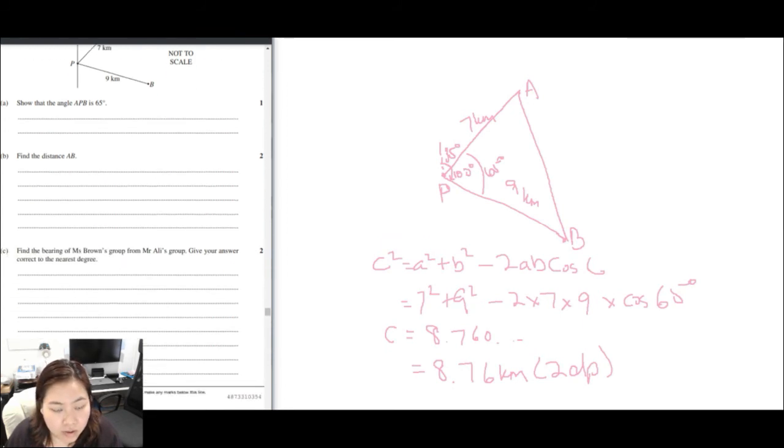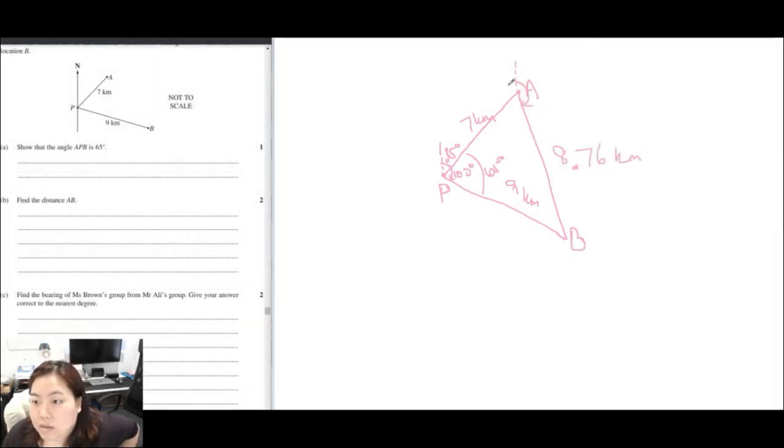Find the bearing of Miss Brown's group from Mr. Ali's group. Give your answer to the nearest degree. So we need to find this angle.